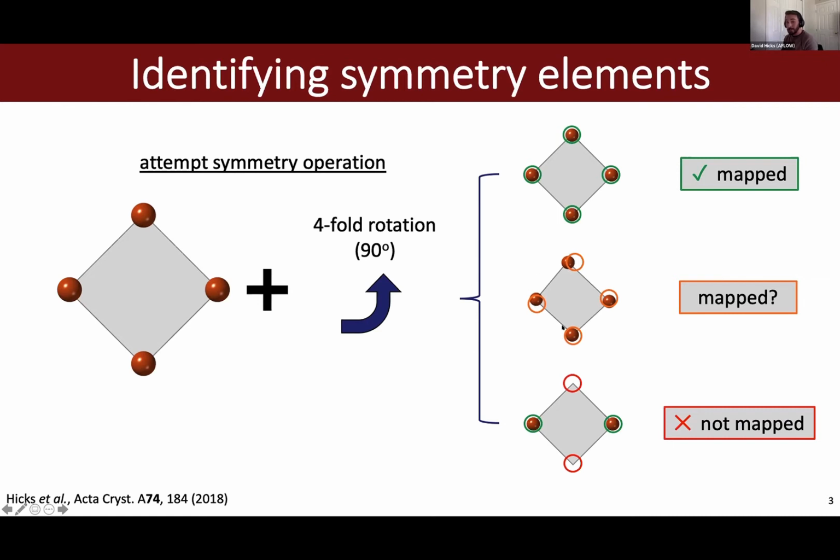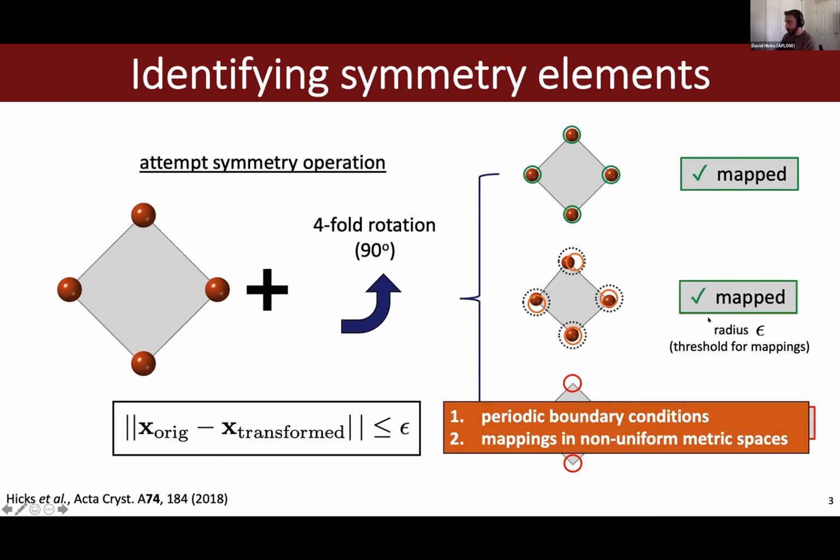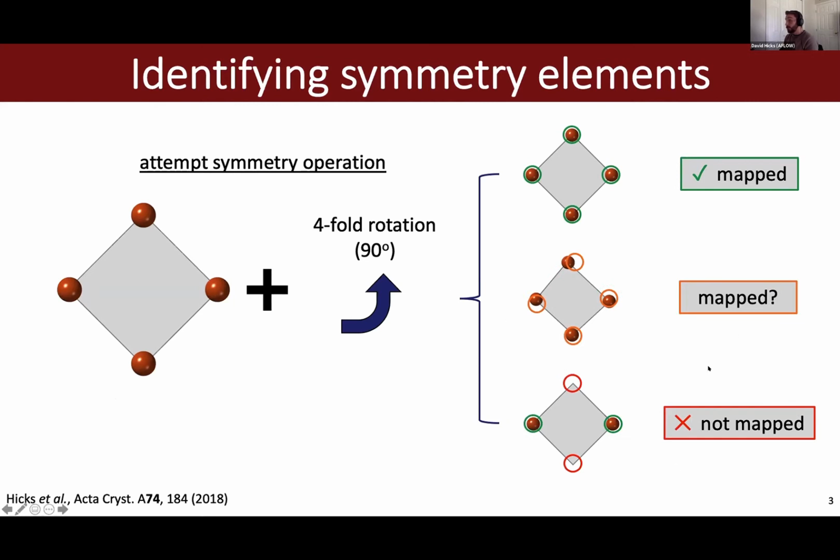But a more realistic case is this middle scenario here, where when we transform the atom positions, they don't exactly line up with the original coordinates. And so the question is, should this be considered a mapping of the crystal?